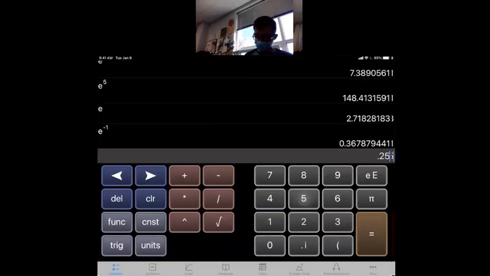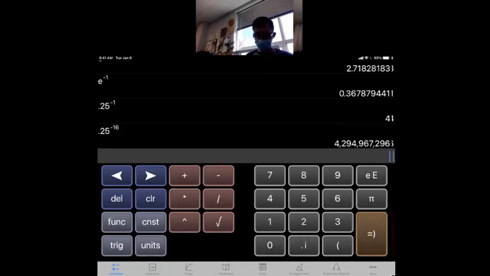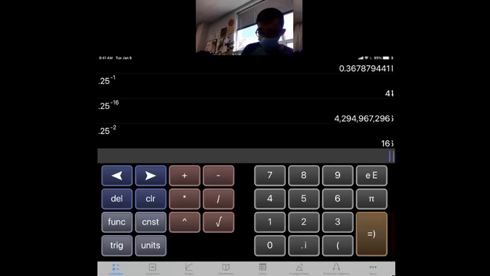Now 0.25 to the negative 1 should just be 4. 0.25 is 1/4. 0.25 to the negative 2 would be 16. So we won't be able to do that one. I did that wrong. Can't do that one.